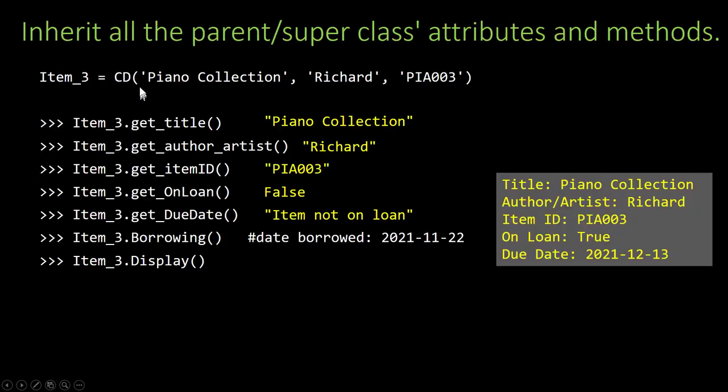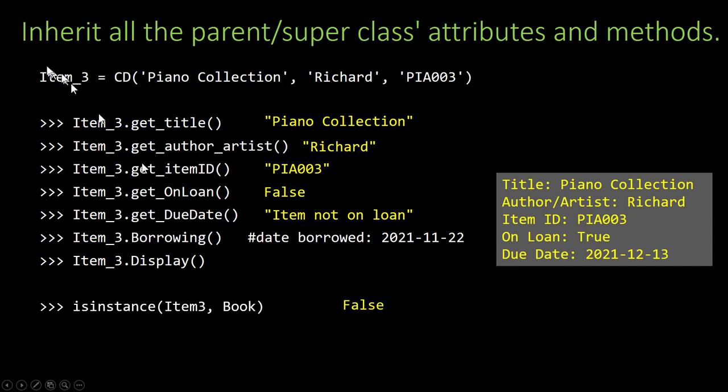Same thing, the CD object inherits all the attributes and methods from the parent class, so you can use getTitle, getAuthor, getItemID, getOnLoan, getDueDate, and even use the borrowing and the display. You will see that it doesn't show the genre over here because the parent class display method does not have the attribute genre.